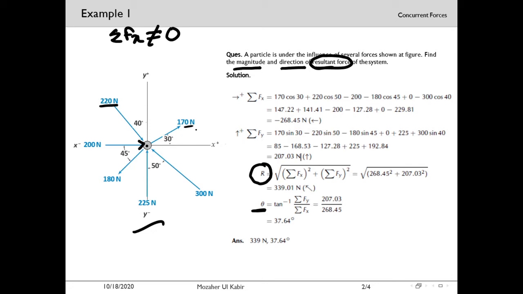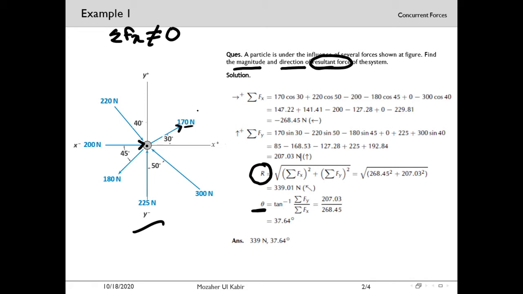So in this force system, we can see 170 Newton is acting in this direction, and this 220 Newton is acting towards this point, and 200 Newton is acting also towards this point, and this 180 Newton is acting away from the point, and 225 Newton is acting towards the point, and at last 300 Newton is also acting towards the point.